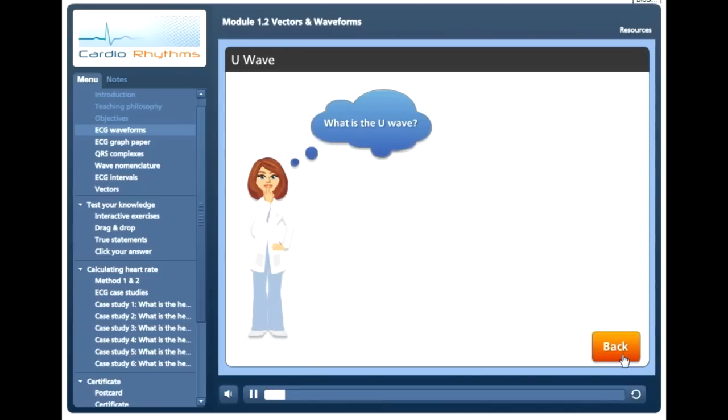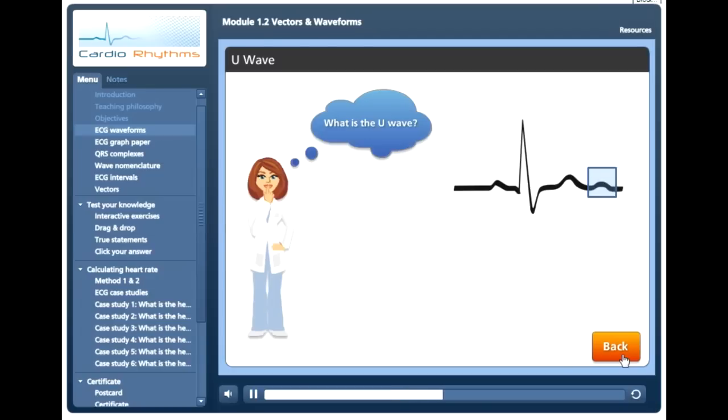Occasionally you will see a low voltage wave following the T wave, and this is known as the U wave. Nobody knows for sure what the U wave represents, but it can be seen in normal patients, especially those with slower heart rates. And it may also be seen in patients who have low potassium.